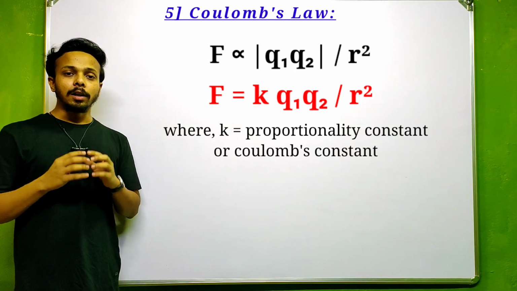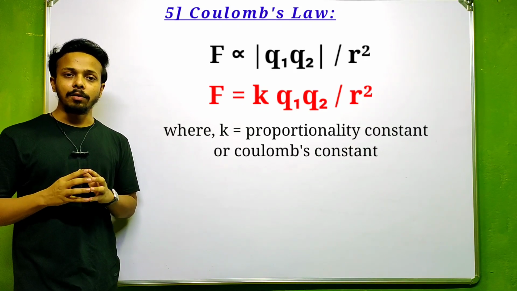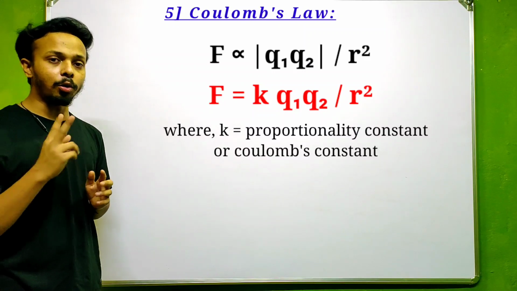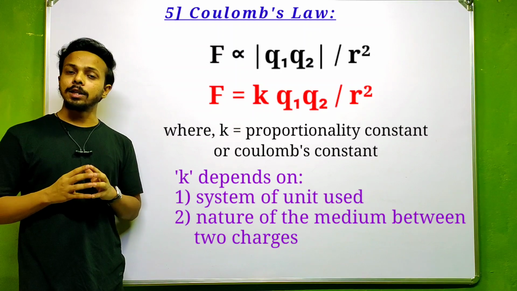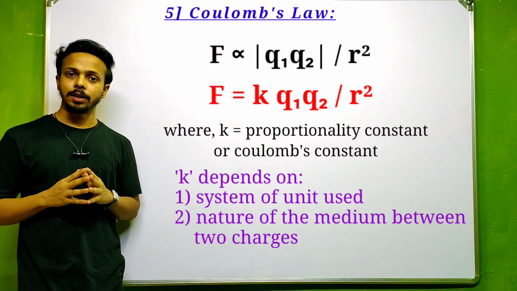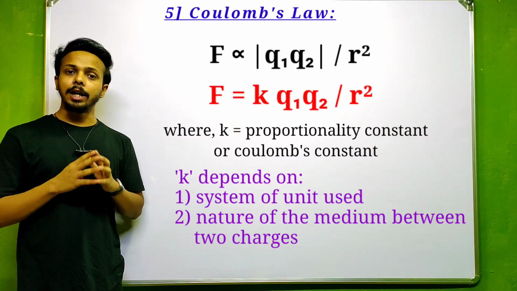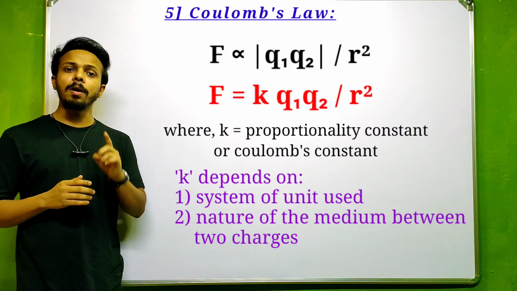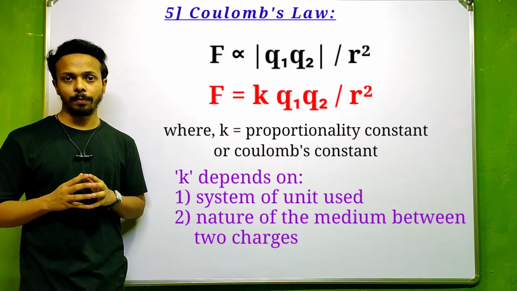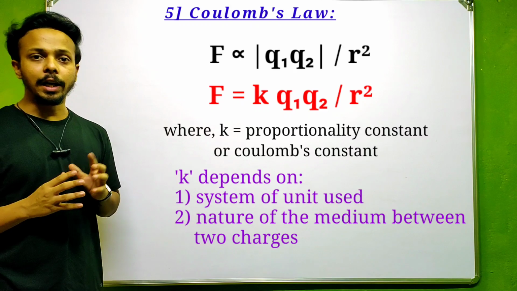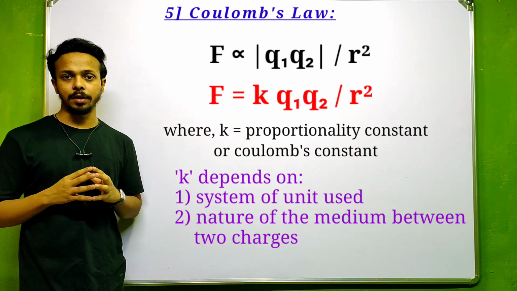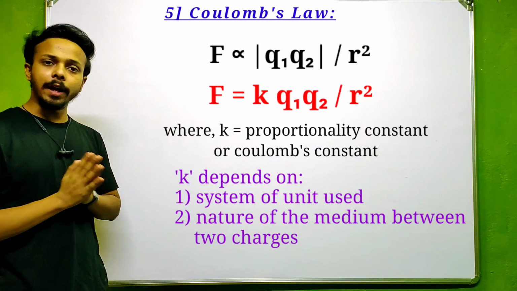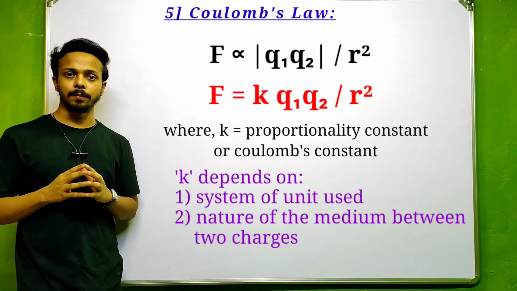You have to understand that the value of K depends on two important factors. Factor one is the system of units used, and the second factor is the nature of the medium between the two point charges.